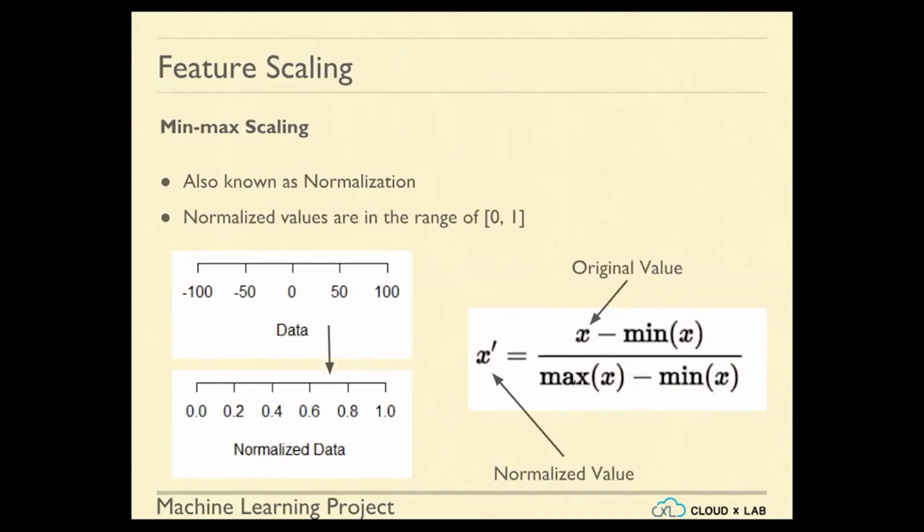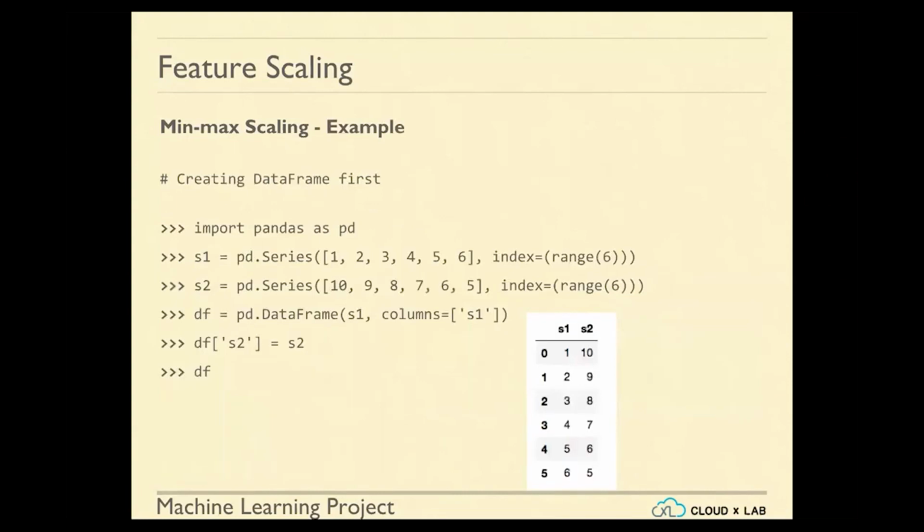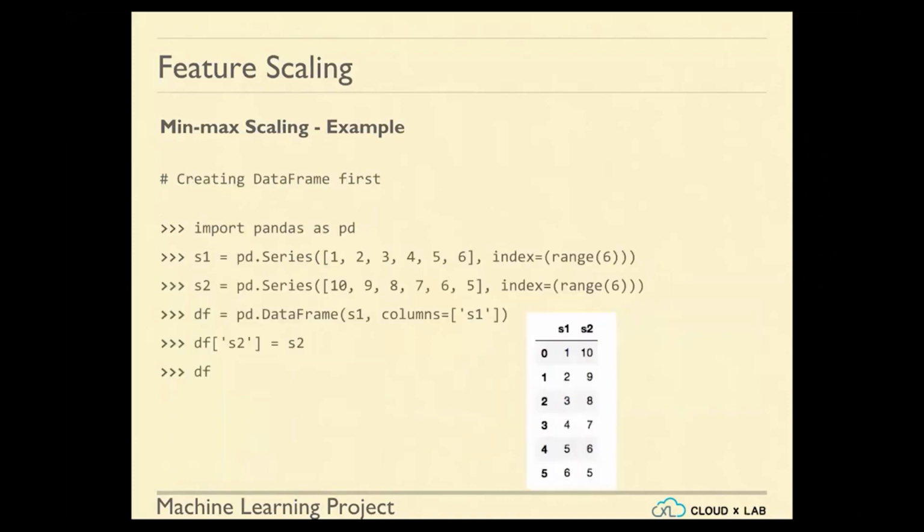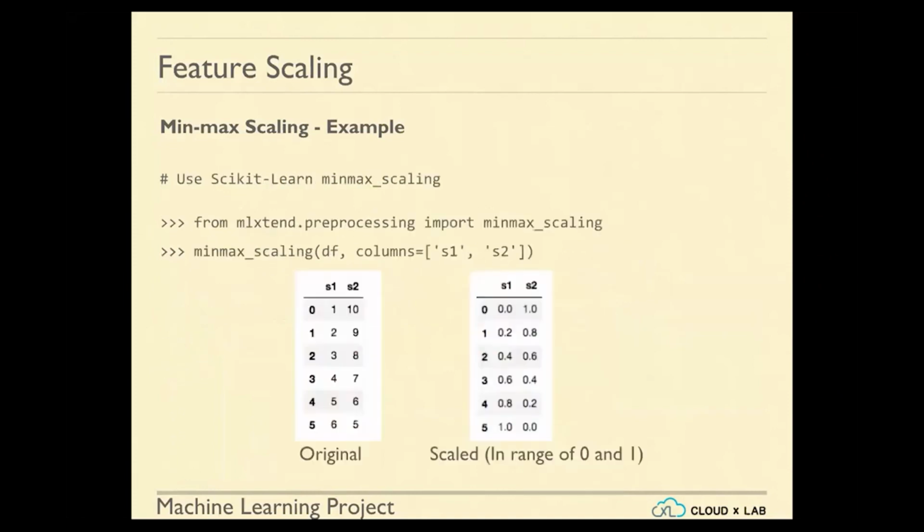That's what we do. Now, min-max scaling is pretty straightforward. You can use min-max scaling from the preprocessing module of the scikit-learn library.